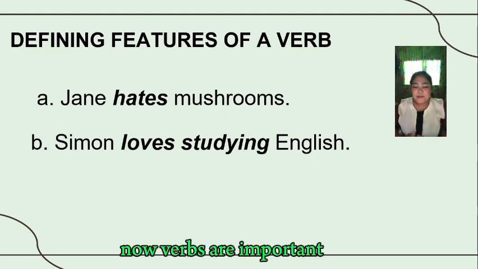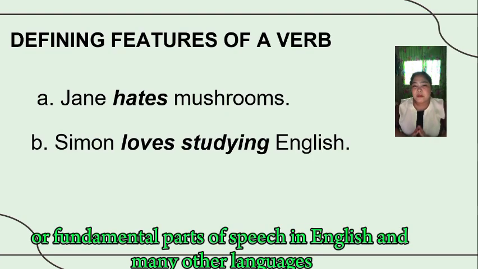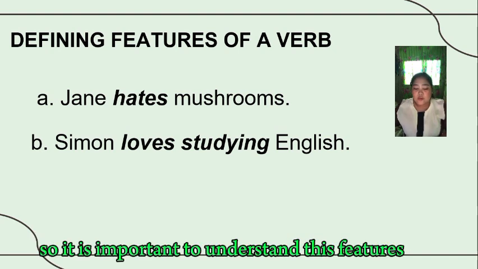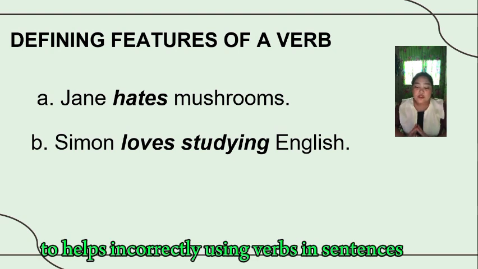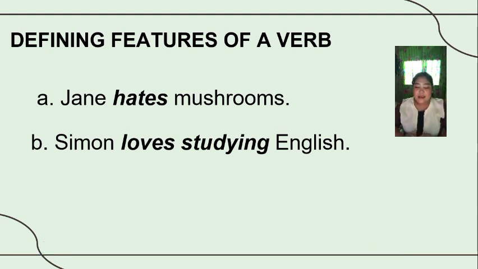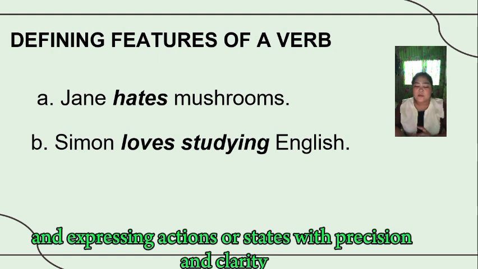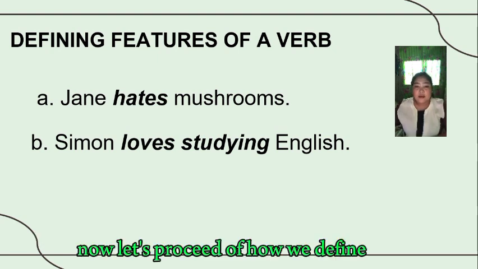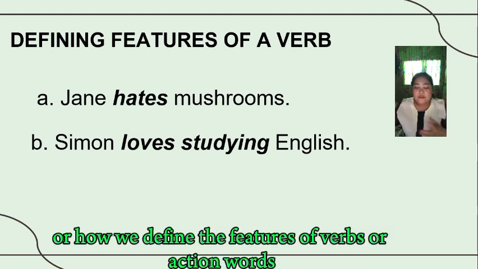Now, verbs are fundamental parts of speech in English and many other languages. So it is important to understand these features to help in correctly using verbs in sentences and expressing actions or states with precision and clarity. Now, let's proceed with how we define the features of verbs or action words.